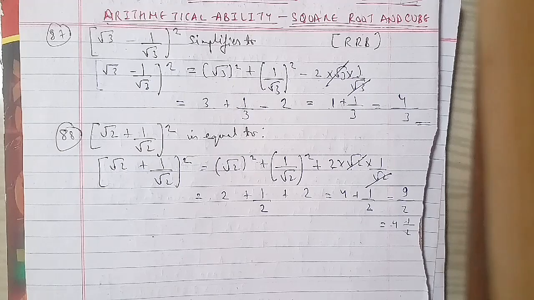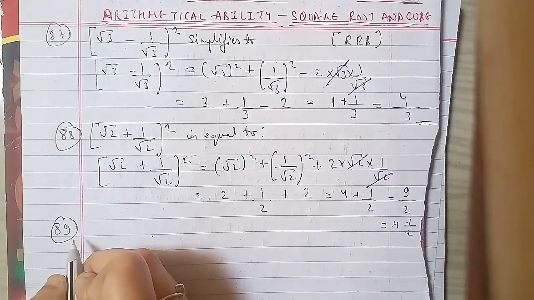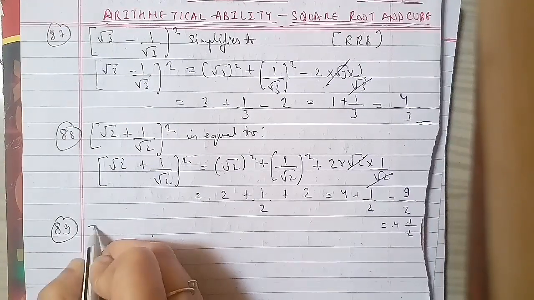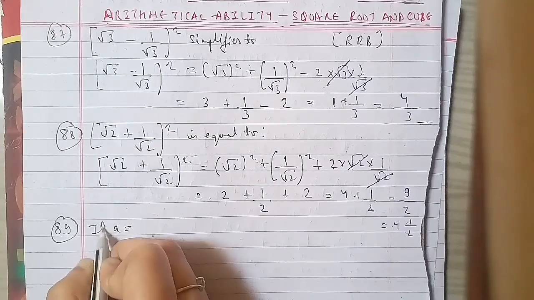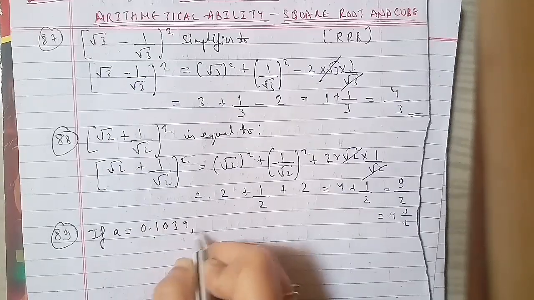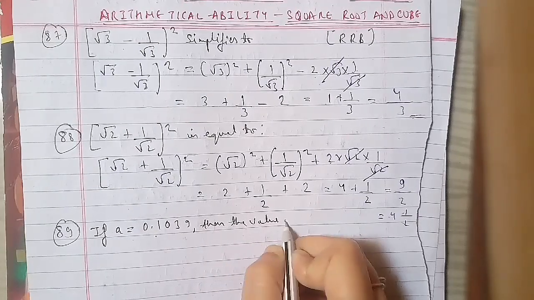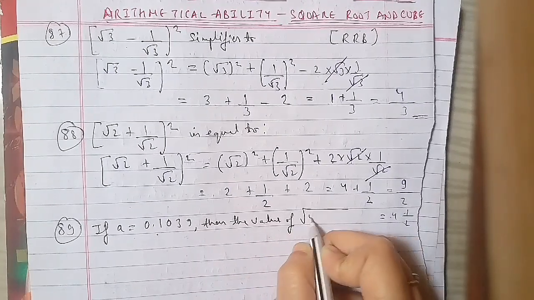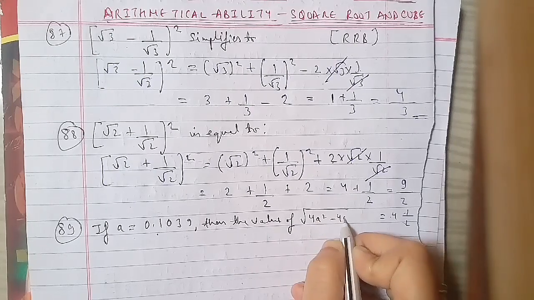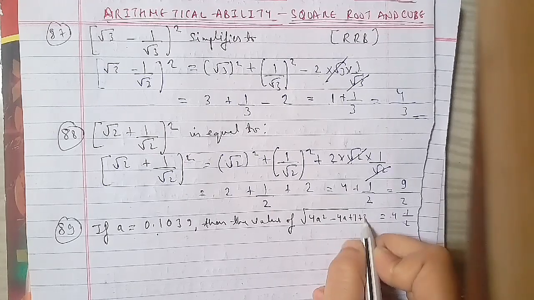Now we'll go ahead with another new question that we have to talk about, and that is the 89th question of the session. The question is, if a equals 0.1039, then the value of under root 4a square minus 4a plus 1 plus 3a.